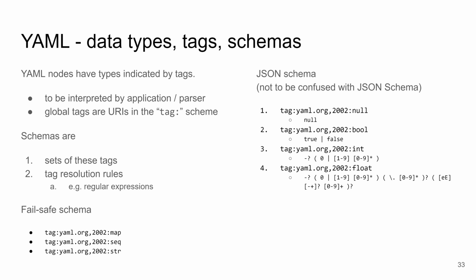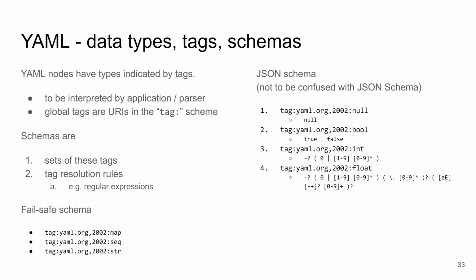Now another level, an extension of the fail-safe schema is JSON schema. And this is JSON YAML schema. So do not confuse this with JSON schema as in the language for describing JSON documents. This is something else. This is a YAML schema called JSON schema.